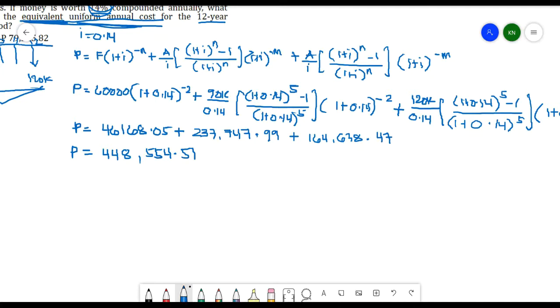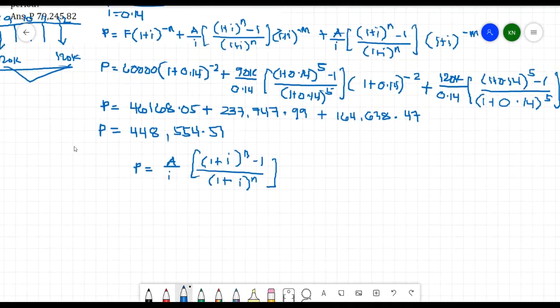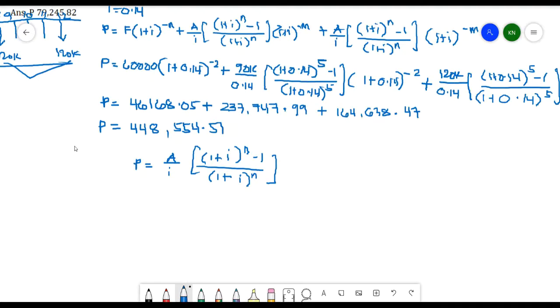So we have P is equivalent to A over I multiplied by 1 plus I raised to n minus 1 all over 1 plus I raised to n. I'm sorry, this is the formula for the ordinary annuity since payment is made at the end of the year. So this is again the formula of our ordinary annuity.